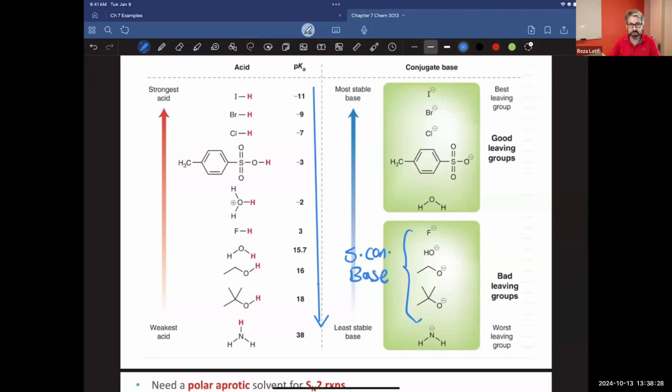If they are strong conjugate bases, they might be looking for an acidic hydrogen instead of a nucleophilic reaction. But they have negative charges, so they can behave as nucleophiles. Don't get it wrong. Because the pKa of the compounds is high, the conjugate base is going to be a really strong base. And if it's a strong base and there is an acidic hydrogen, you might see an elimination reaction instead of a substitution reaction. Be careful about this one.